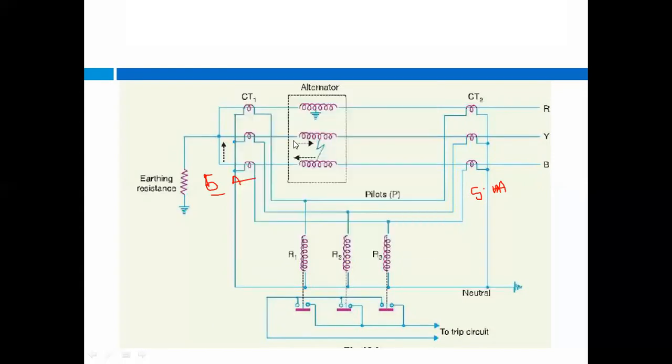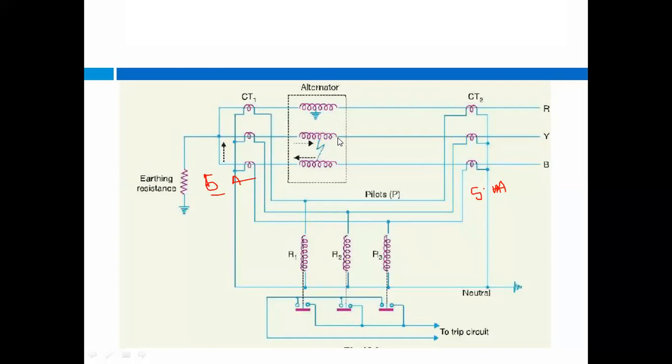Actually, at first, just concentrate on the difference. When we are using a transformer, there is a primary side and secondary side, right? We are either stepping up the voltage or stepping down, right? So your primary side voltage is different and your secondary side voltage is different.